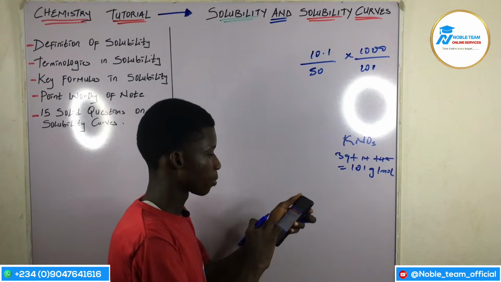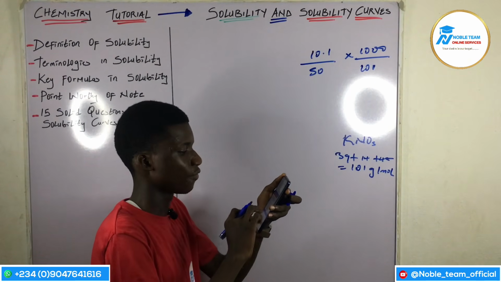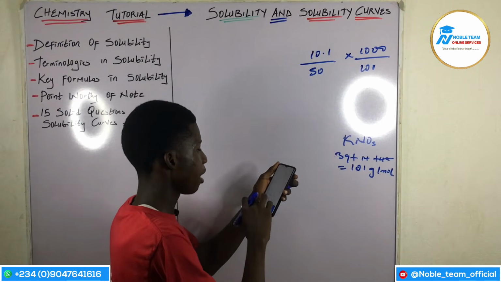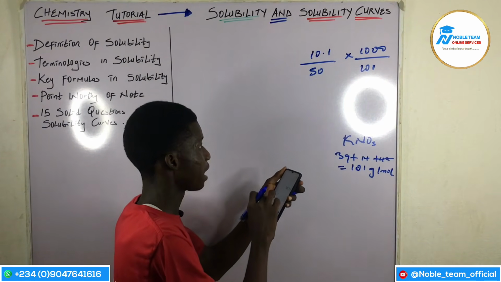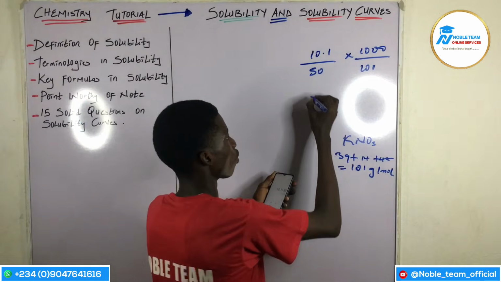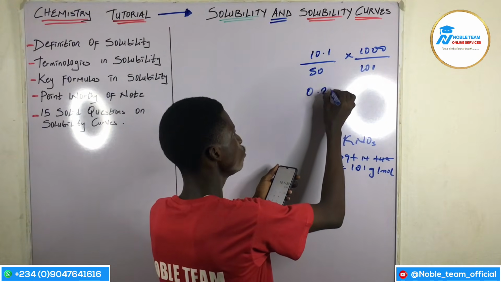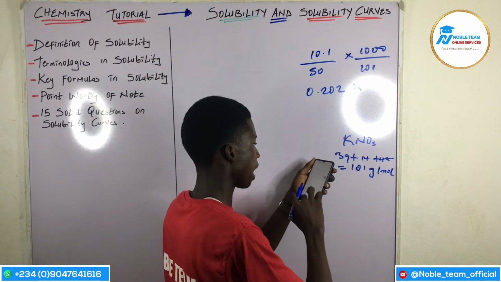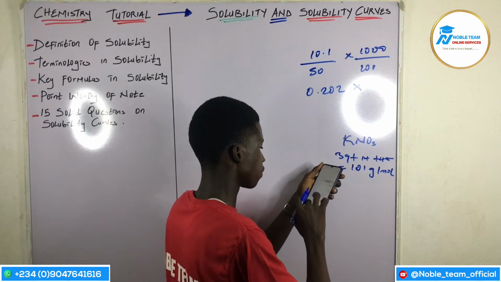Now let's substitute, because in the question we are asked to solve it in terms of mole per dm cube. 10.1 divided by 50 is 0.202, multiplied by 1000 divided by 101.